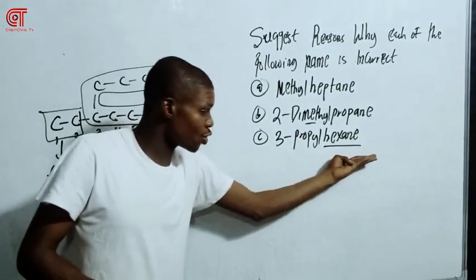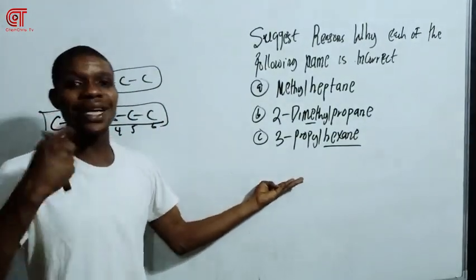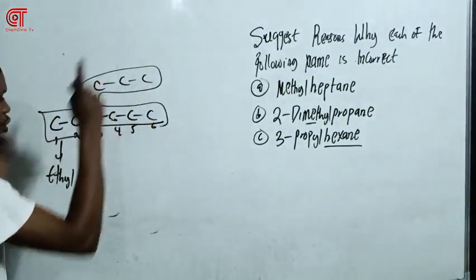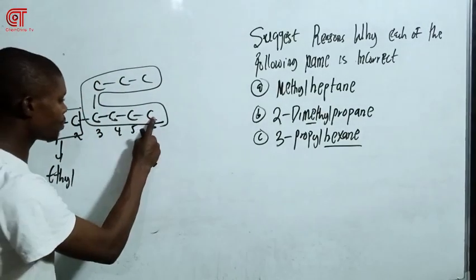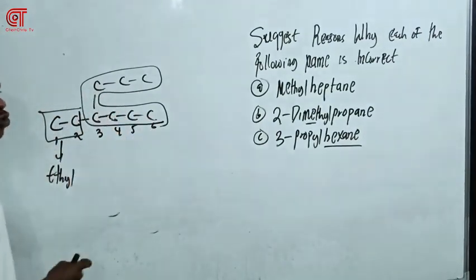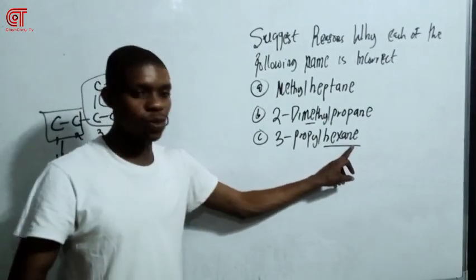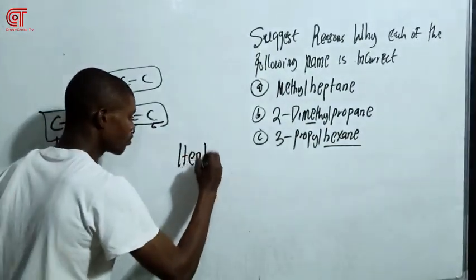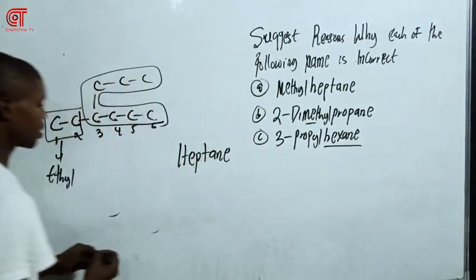Now we are being given this structure here, and they say it's wrong. So what is the correct name? That's what they are trying to tell you here. So this is the structure. If you take from here to here it is 6, but if you take from here to here it is 7. So the parent name is heptane.